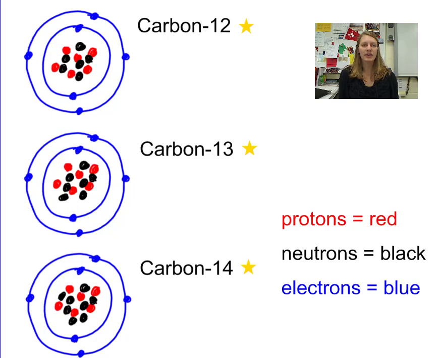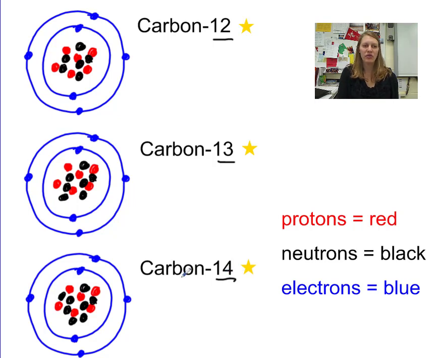The number of electrons pictured here in the Bohr model is also the same, but the number of neutrons is going to be different for each of these. The name of the carbon 12, compared to the carbon 13, compared to the carbon 14, that comes from the atomic mass. So the number of protons and neutrons that it has.